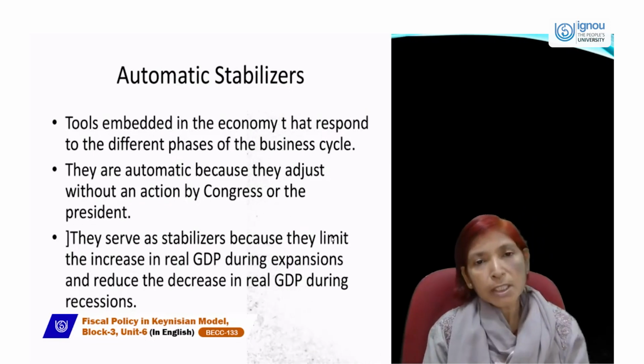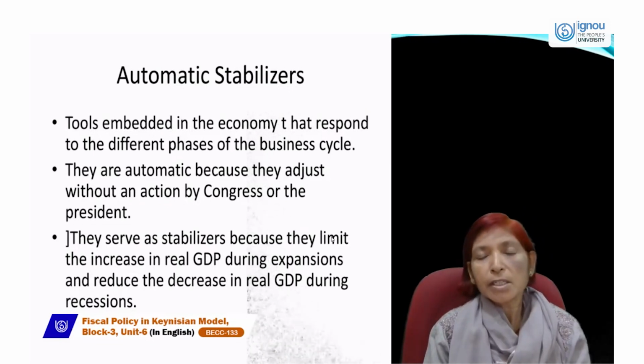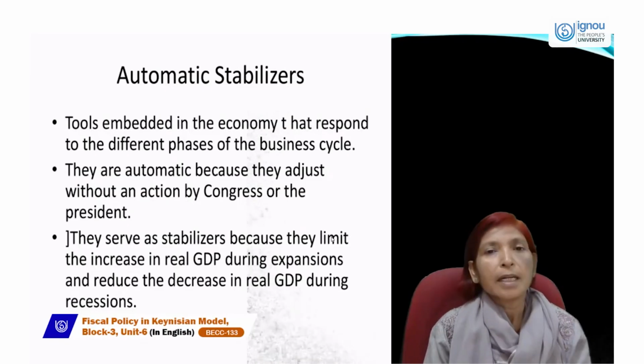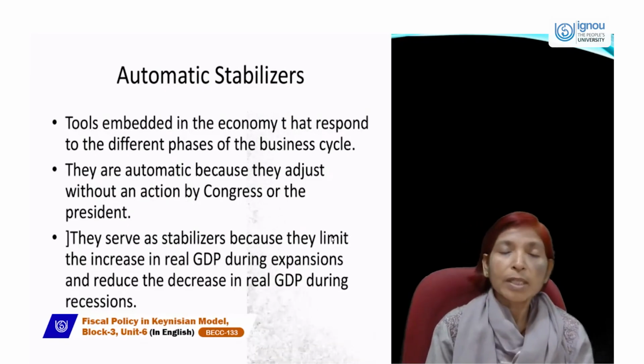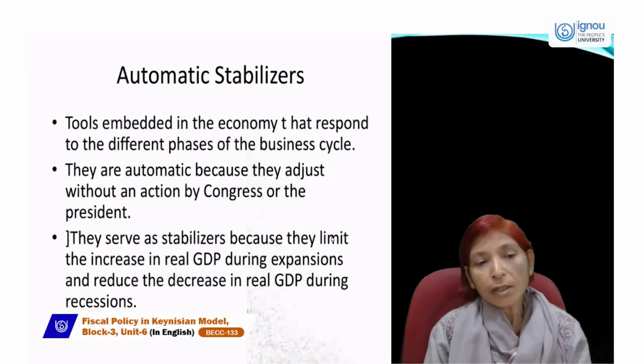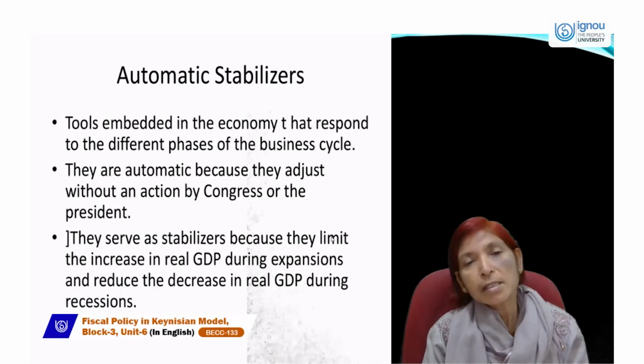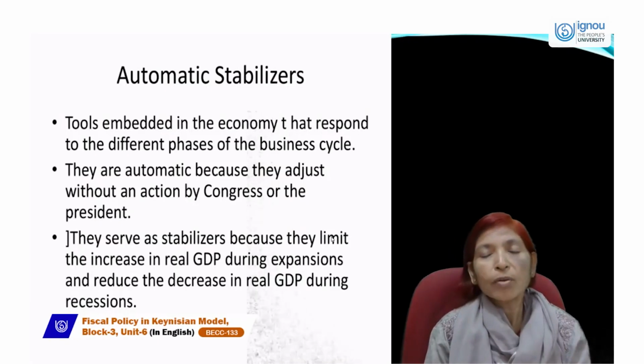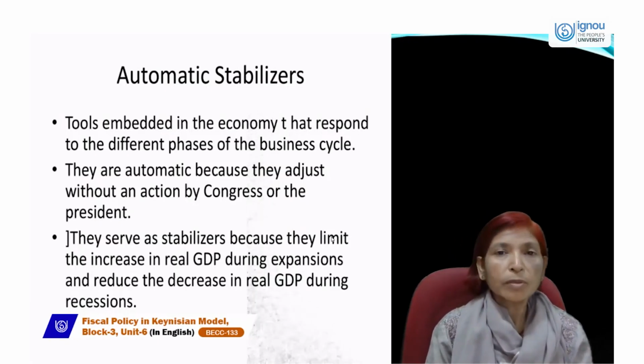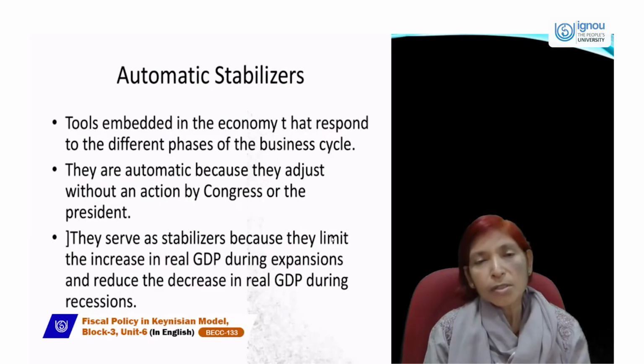In case of expansion, government expenditures fall automatically and tax revenues increase, and in case of depression or recession, government expenditures increase and tax revenue decreases, and if both work automatically to stabilize the situation of the economy, that is called automatic stabilizer.